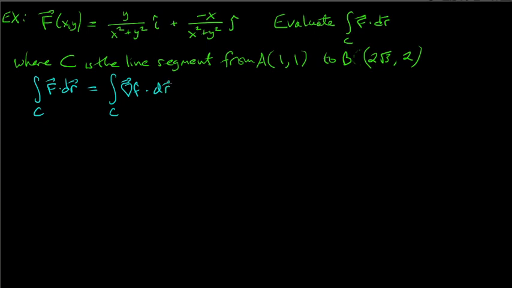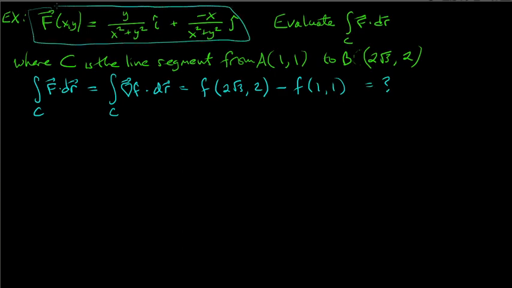And then we can just evaluate that potential function at the endpoint, (2 square root of 3, 2), and at the initial point, (1, 1), and just subtract. Now, of course, this vector field may not be conservative, and if that's the case, then we're wasting time here. We can't plug those points into a non-existent potential function.